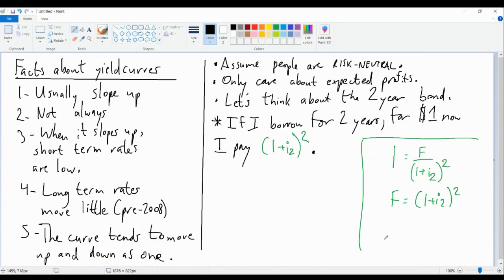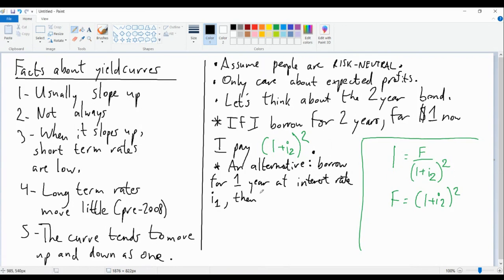So let's think about what I have to pay under that alternative, which is that I borrow for 1 year. Well, the interest rate would be I sub 1, right? It's a 1 year bond or 1 year loan.